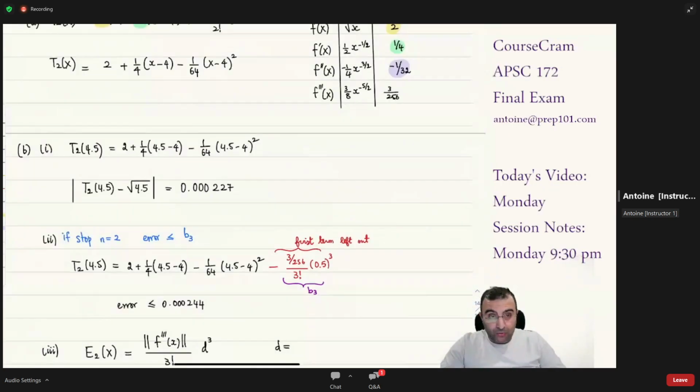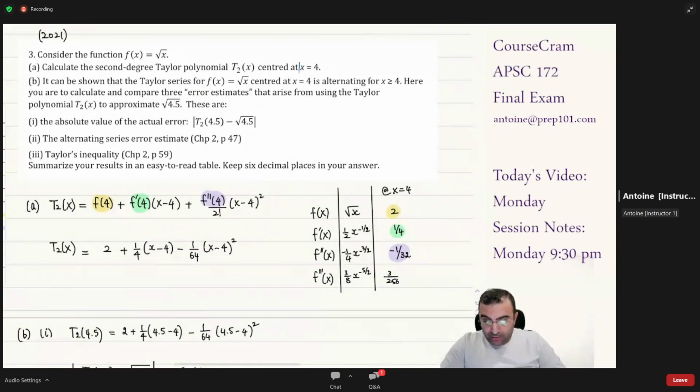So we did the Taylor polynomial centered at 4, and we are using it to approximate T2 of 4.5.